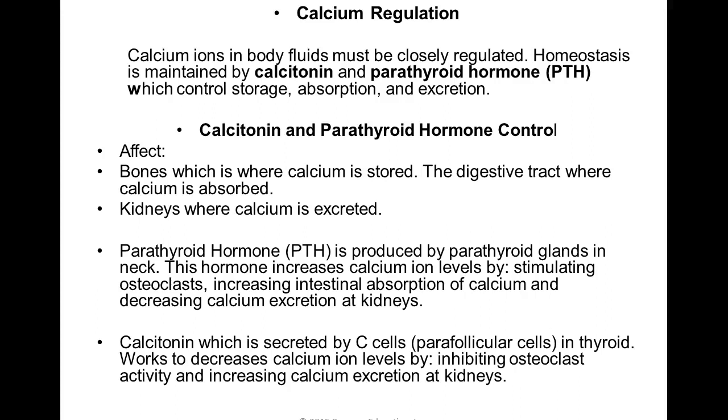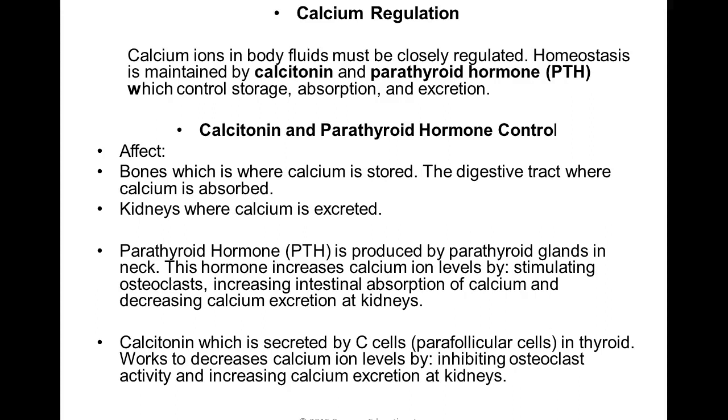So calcium ion in fluids, blood and extracellular fluids, and intracellular actually also, is regulated by calcitonin and parathyroid hormone, which basically work synergistically. I guess you might say they oppose each other in controlling storage, absorption, and excretion. They affect how it's stored, how it's absorbed in the digestive tract, and where it's excreted in the kidney. So they're going to affect rates in all those areas.